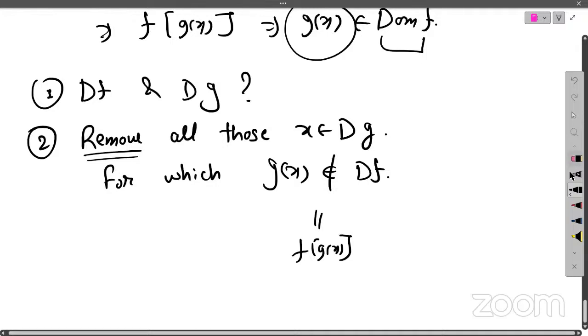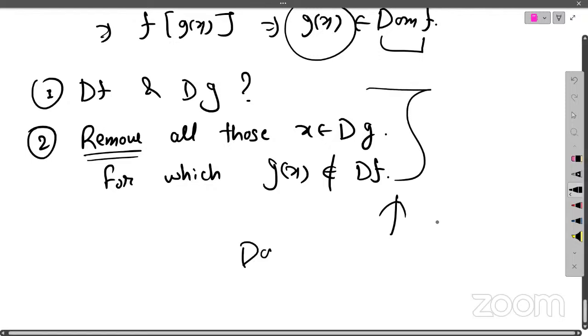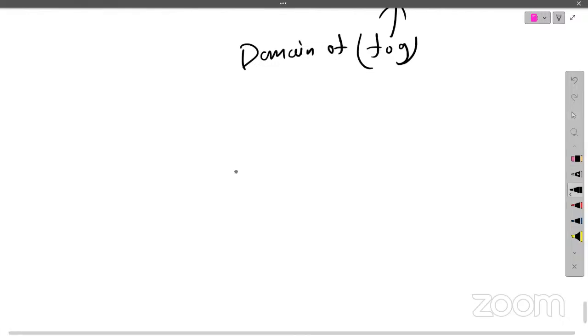Correct? Because we can talk about the value of a function only at its input points, or its domain points. So if g of x does not belong to the domain of f, we cannot calculate f of g of x. That's how we can compute the domain of f composite g. So this is the process for the domain of f composite g.